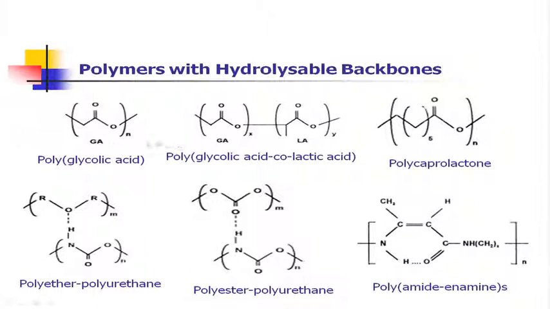Now, here are the structures of those polymers: polyglycolic acid, lactic acid, polycaprolactones, polyether polyurethanes, which have intermolecular hydrogen bonds, and polyamide enamines. If you look into the structure, you can understand why they will be degradable by microorganisms, or degraded by the action of acids or alkalis through hydrolysis.